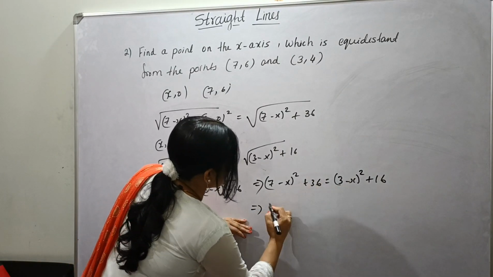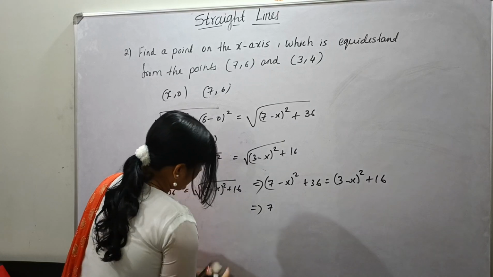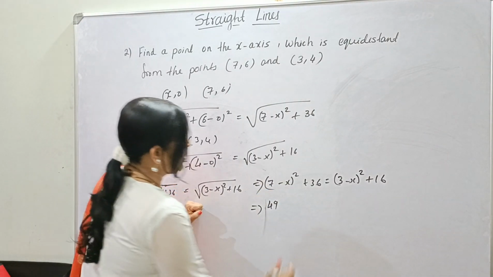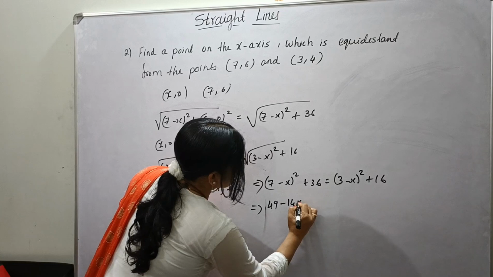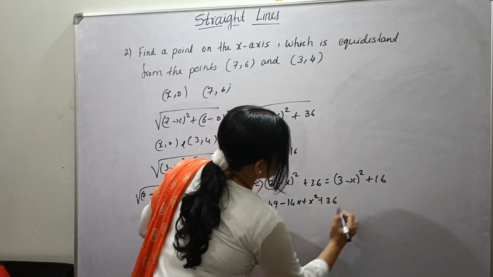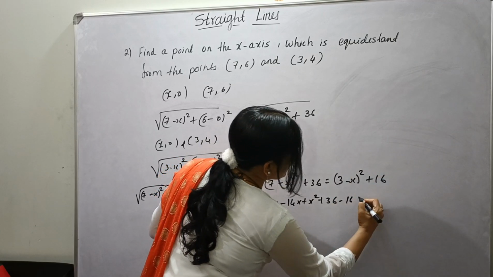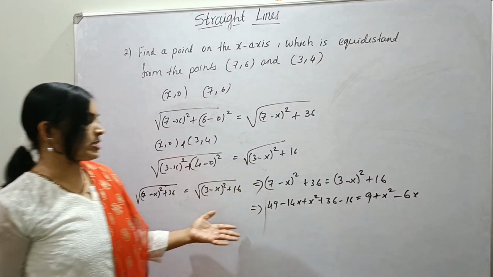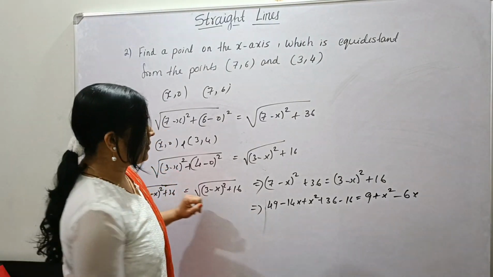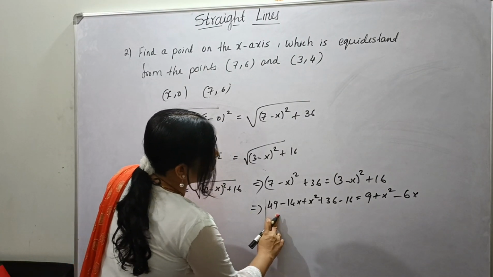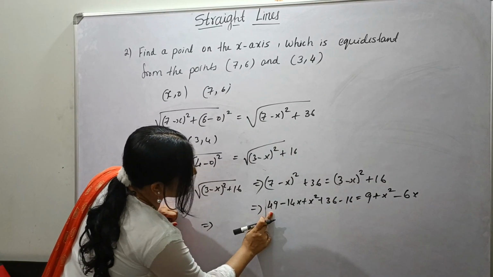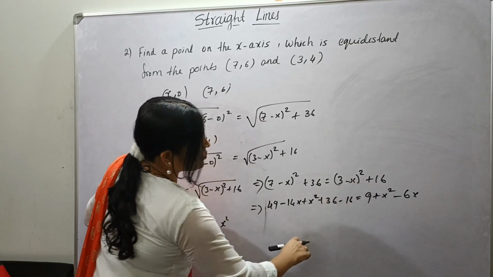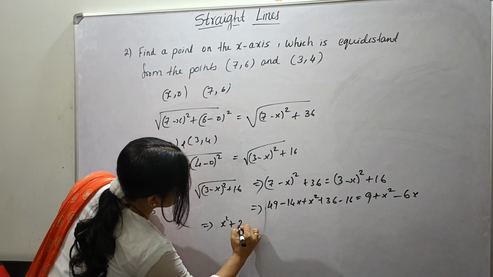Just to simplify, we apply the (a minus b) whole square identity, and then you will get the x values. 49 minus 14x plus x square plus 36 is equal to 9 plus x square minus 6x, with 16 taken to the left side, giving 20. So 49 plus 36 minus 16 is 69 on the left.